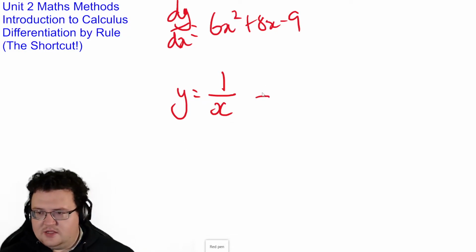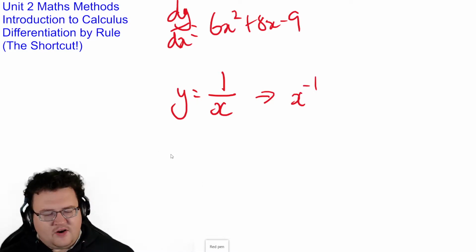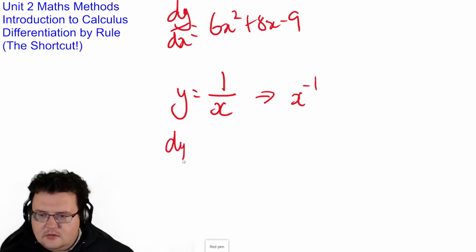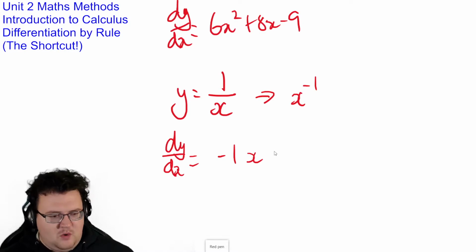So that becomes x to the minus 1. Well, if I do dy dx on it, minus 1 comes down the front, and then I subtract 1 from the power.